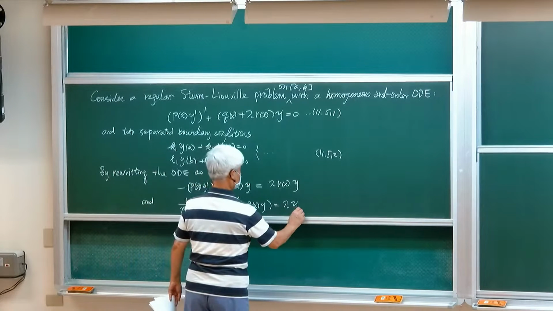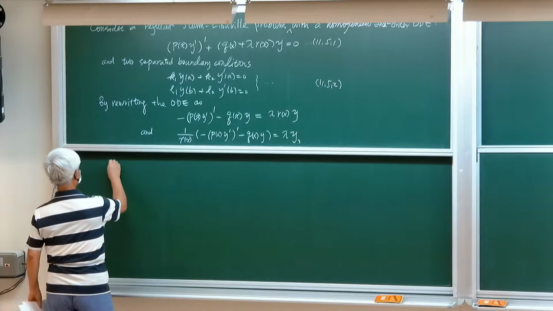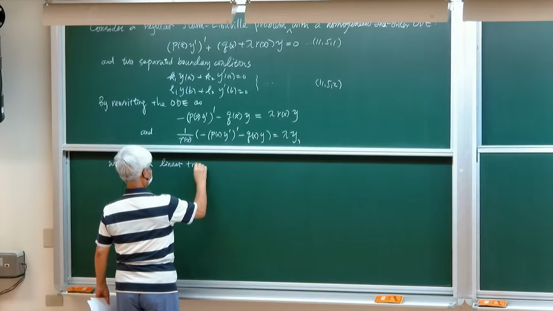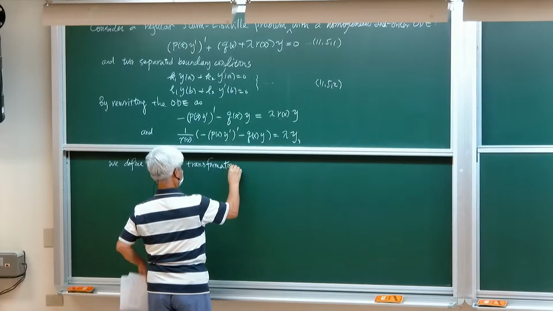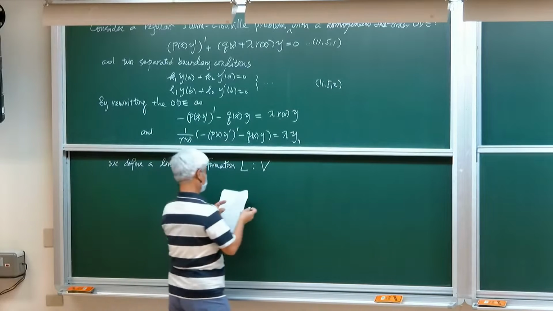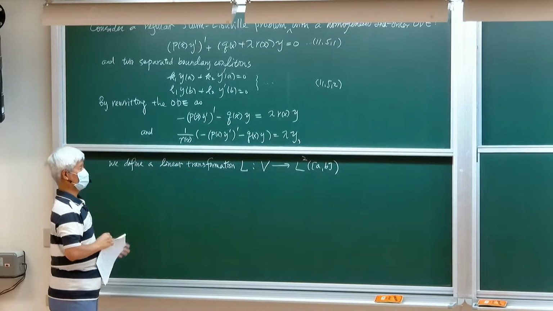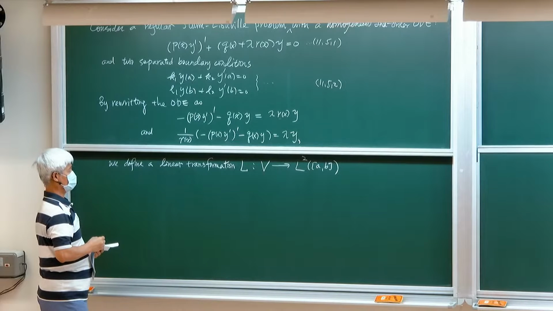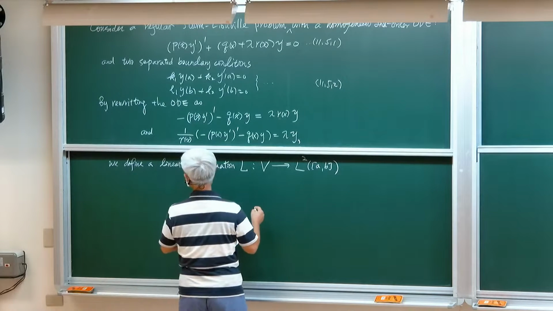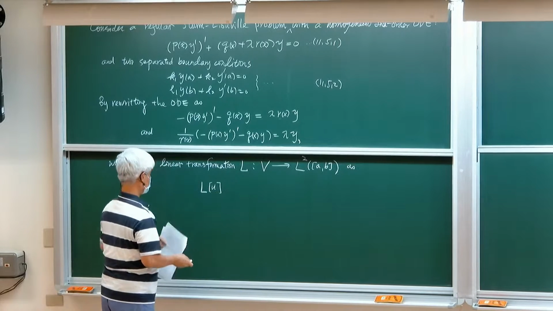Okay. So when we write it, we define a linear transformation called L from V. V is the vector subspace of the L2 space we described on Tuesday.